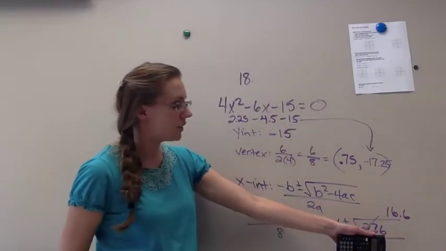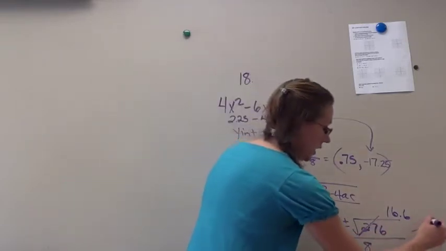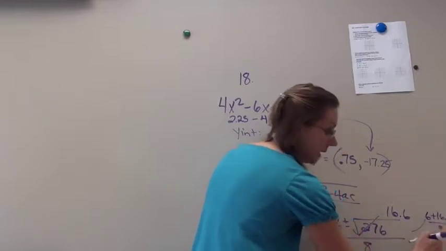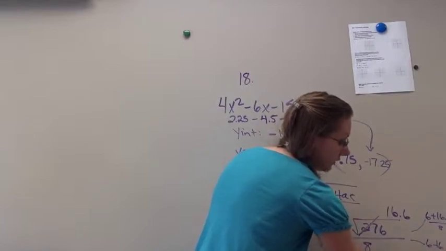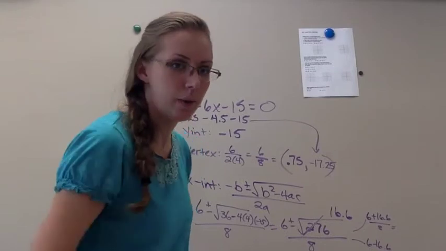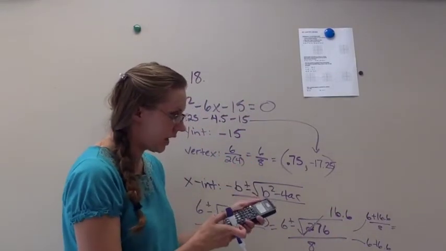When I solve this, folks, my square root goes away, and I'm left with two possible solutions. I have 6 plus 16.6 divided by 8 as my last step, or 6 minus 16.6 divided by 8. Sorry, you can't see that. There we go. From there, I'm going to do my addition, press equals, and then divide by 8.